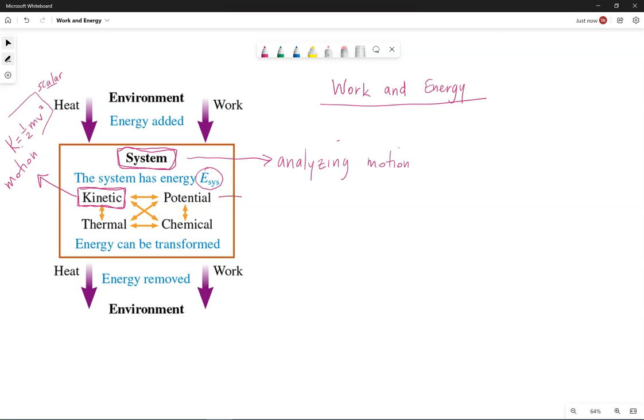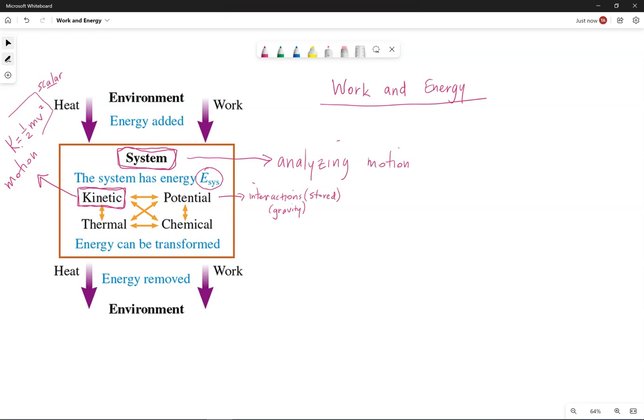Potential energy has to do with interactions between the system and, for example, the force of gravity. We're going to be talking about potential energy due to gravity. We consider potential energy as stored energy.